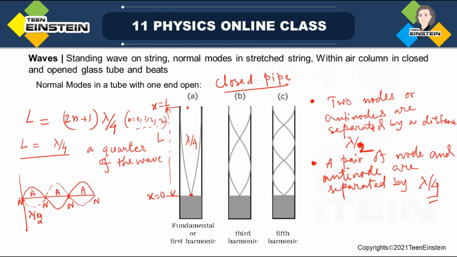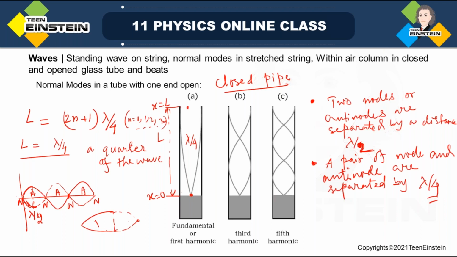But up to here, if you have this and this, so this is the half of the node-antinode itself. So half of the antinode means somewhere there will be another node here. Let me draw this. So if this is the half, somewhere there will be another node here.